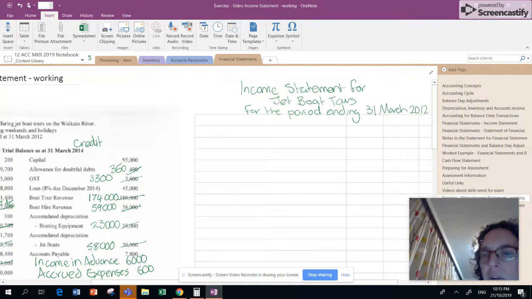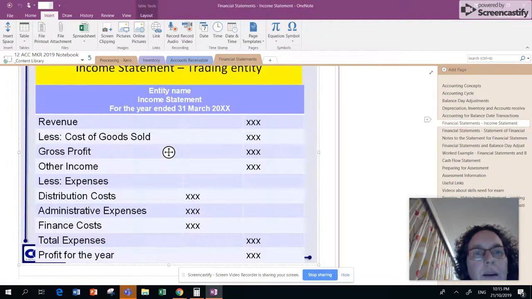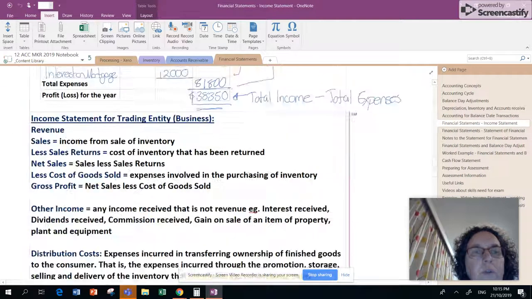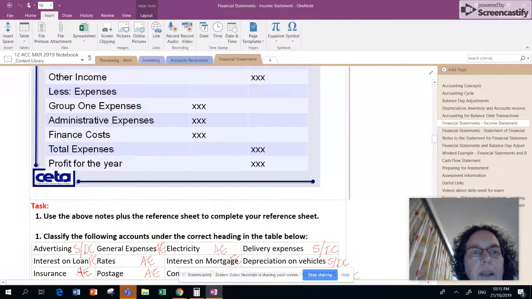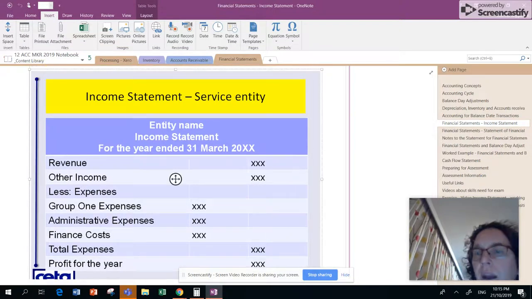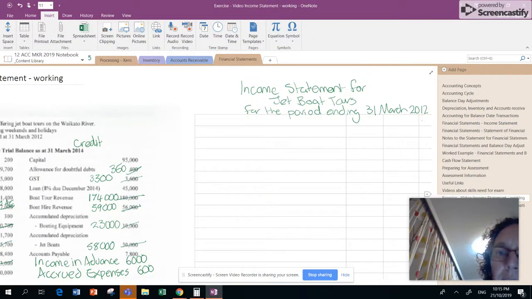Right, so our first thing, we go back and have a look at our income statement. That's our trading one. We're doing a service one, so we're just going to scroll back. Right, so we start with our revenue. If we're a sales firm, that's going to be our fees one.